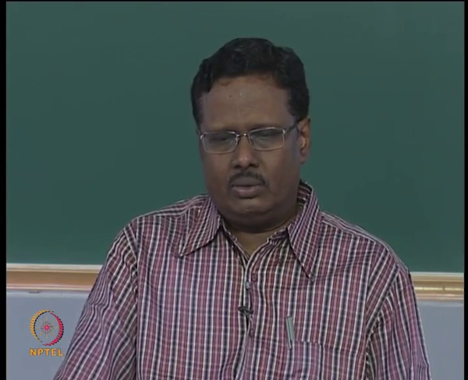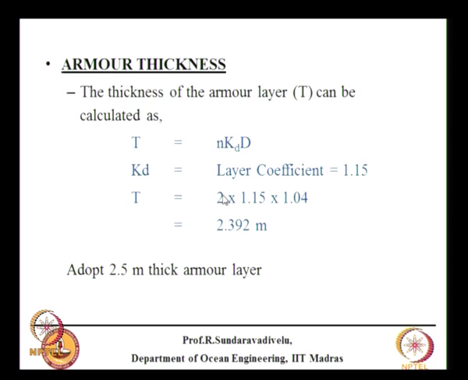Then we have to see the 2 layer thickness. The number of layers is 2. Kd is a layer coefficient. Layer coefficient means when you stack one over the other, there may be some voids, some gaps. So the thickness will not be number of layers into size of the stone, and size of the stone also is not uniform, it is not 1.04 in all the directions.